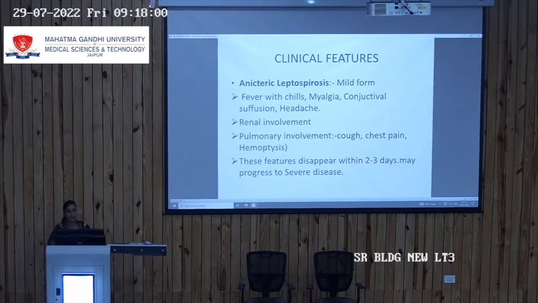There may be renal involvement or involvement of lungs, in which case there is cough, chest pain, hemoptysis, and these features disappear within 2 to 3 days. This disease may progress to severe disease and may even lead to death.